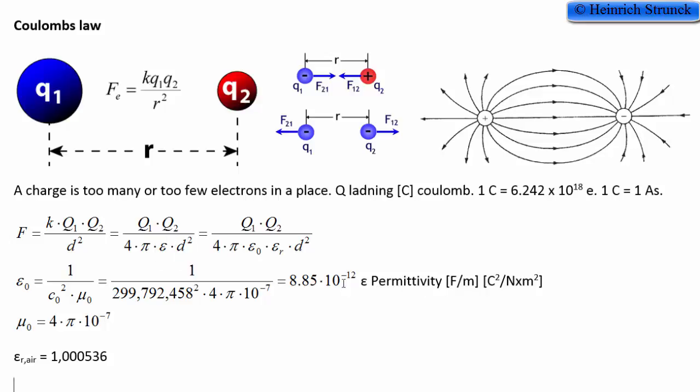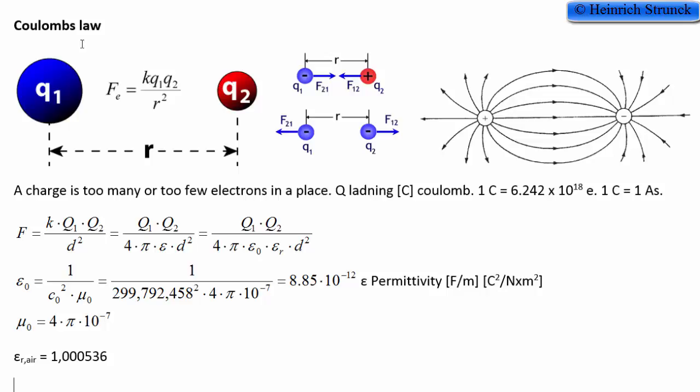And the permittivity is split into permittivity for vacuum, or free space, no electrons or atoms at all, multiplied by the relative permittivity depending on the material between the two charges.